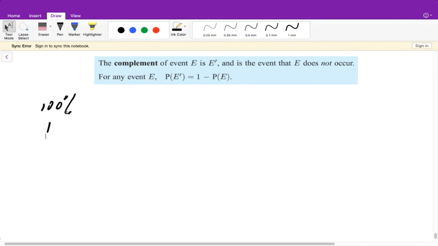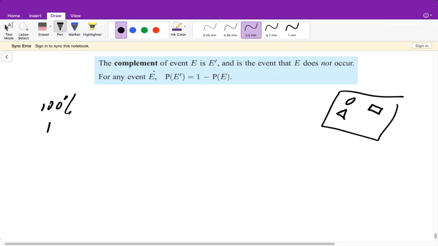For instance, in that question where we had the box with the circles and triangles, if the girl's going in there and picking a shape, 100% of the time she's going to pick a shape. It's impossible for her not to go in and grab a shape. So the odds of any event happening when we're picking a shape is always going to be 100% or 1.